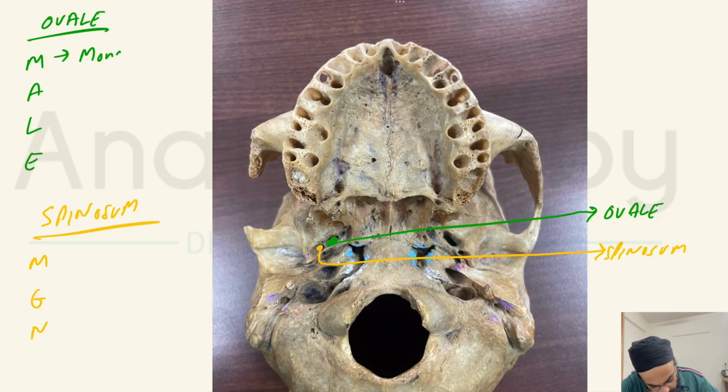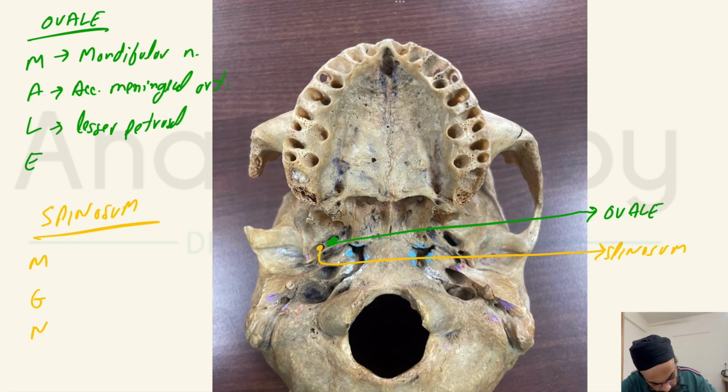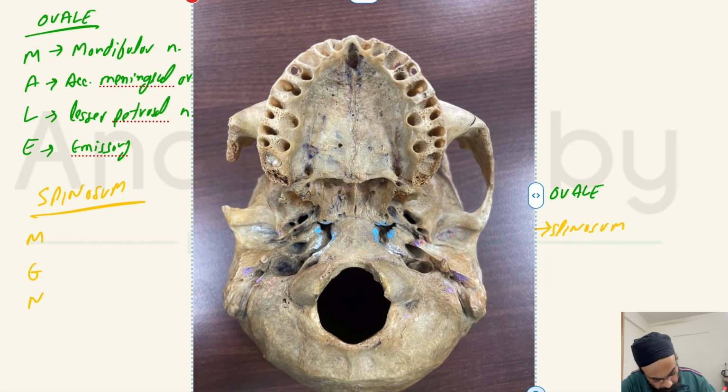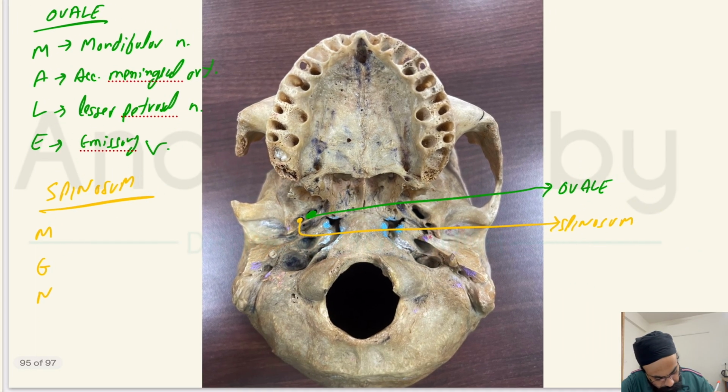So MALE stands for mandibular nerve, accessory meningeal artery, lesser petrosal nerve, emissary veins.